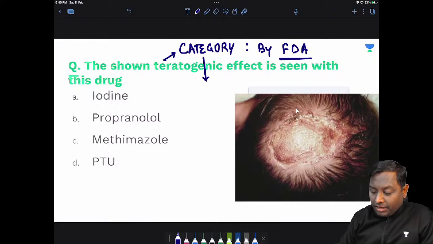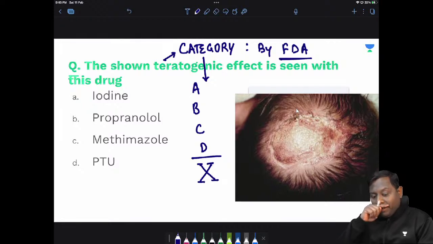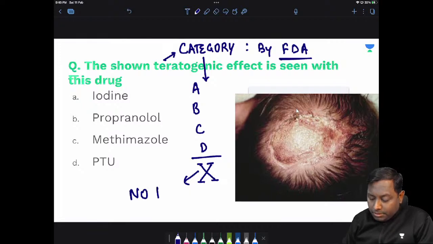The categories that we have are category A, B, C, D and X. Again remember, category X drugs should not be given at all. It is highly teratogenic. No matter what type of benefit they offer, you don't take it. However much anyone says I will give you this benefit, right, you don't take it. No possible benefit can outweigh the risk. Okay, category X drugs that we have, no possible benefit can outweigh the risk.